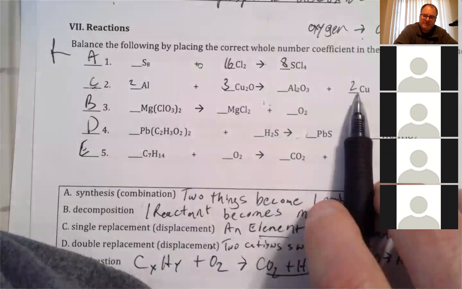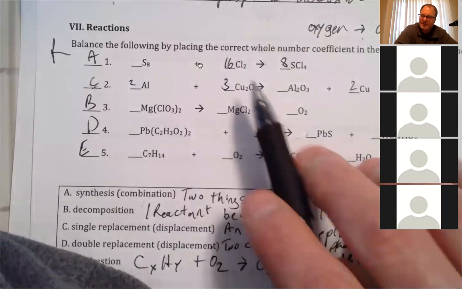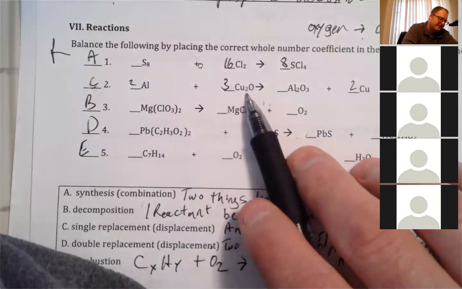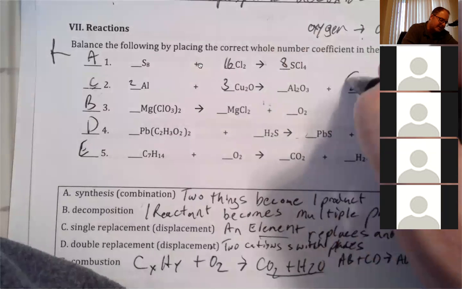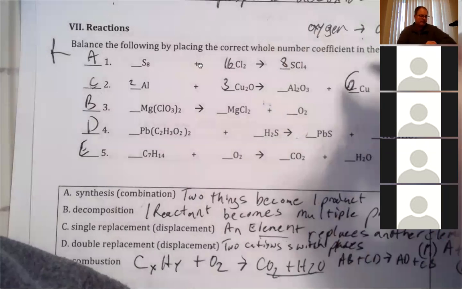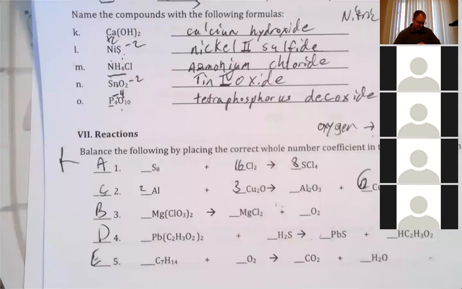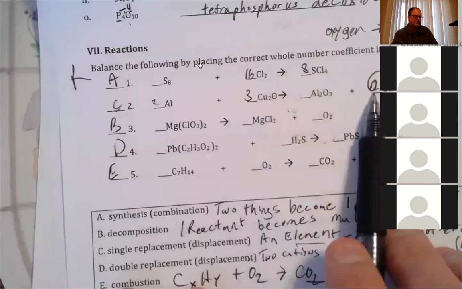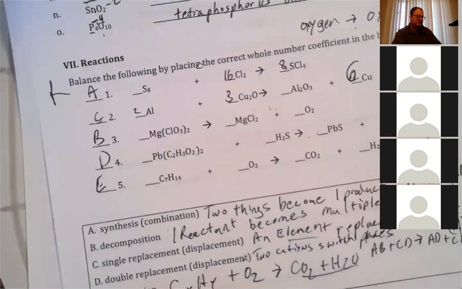I've already determined I have 2 coppers on this side, but something just changed all that. Now I have 6 coppers over here, so that means I'm going to have to go back over here and change that to a 6. So 2 aluminums on each side, 6 coppers, 3 oxygens, 3 oxygens.